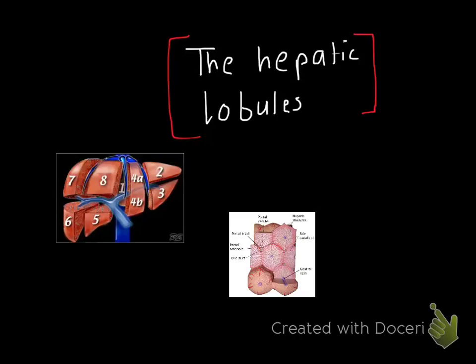For example, if we take segment 3 and look inside it, we will see that segment 3 has many hepatic lobules inside it.